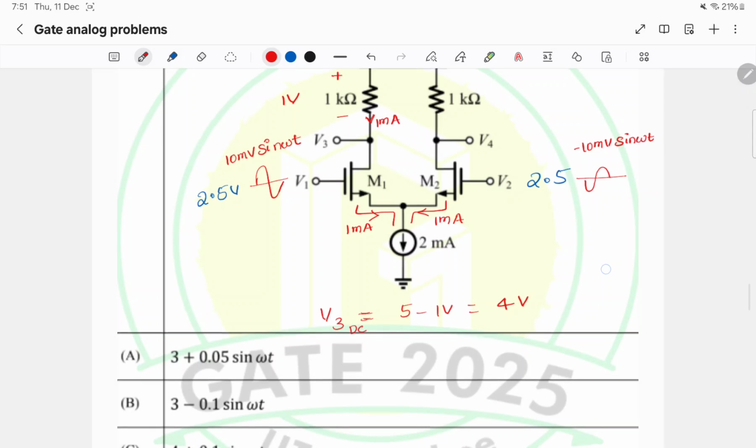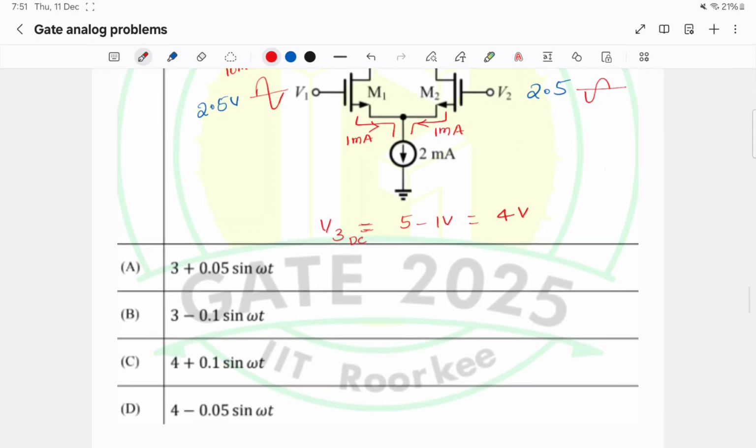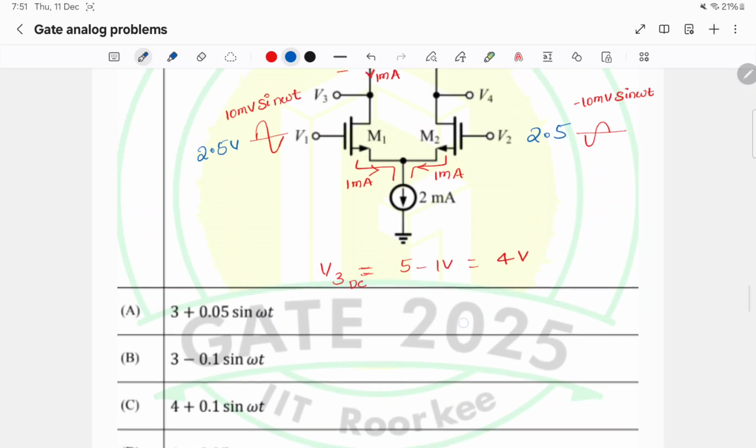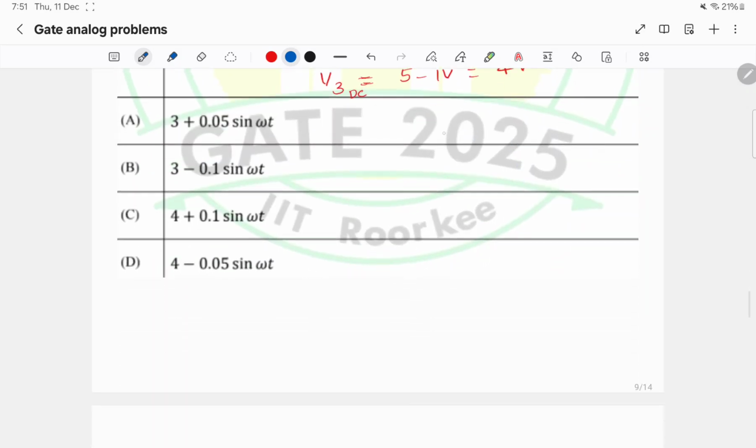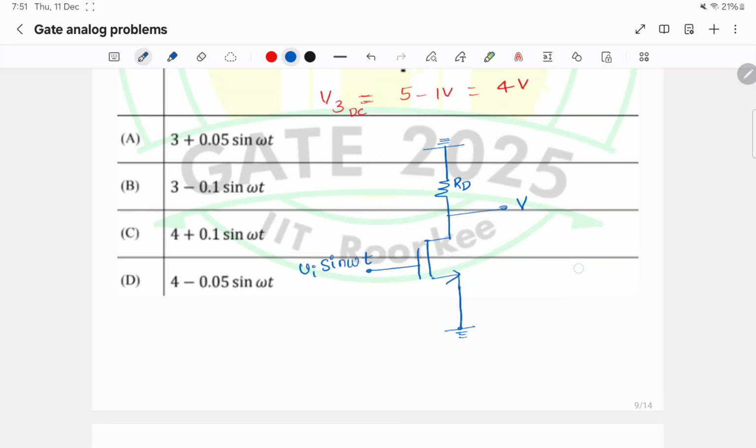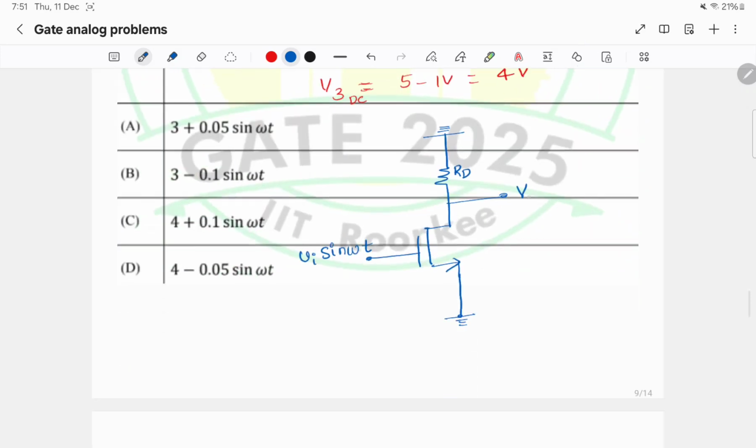When it comes to the small signal equivalent, as we know, I'll draw the small signal equivalent. This node will be AC grounded. Here we have Vi sin omega t and Rd. This will be grounded, DC will be grounded, and this is V3.